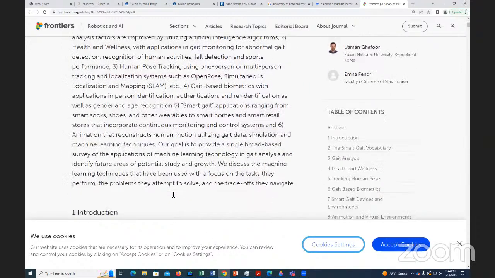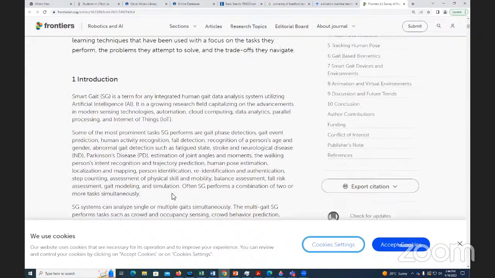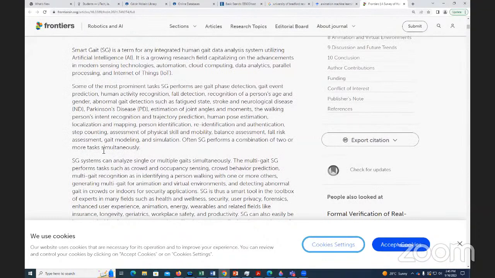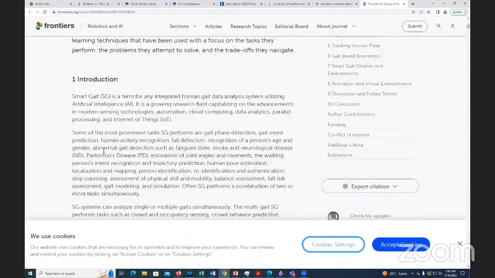But hey, if we were to look at it, there's an introduction. We're not going to read it now, just showing you how to glance at the article. First, they're going to get into what we know about gait in the context of AI. That's what they're talking about here. One way to see if it's a well-written article is to read the first line of every paragraph to see what it's talking about.